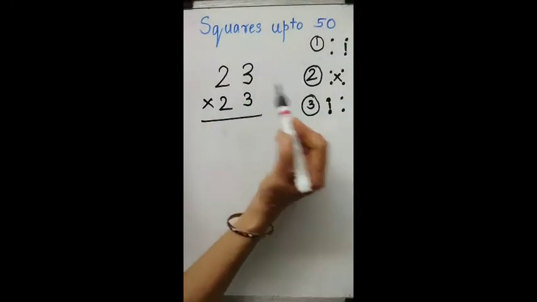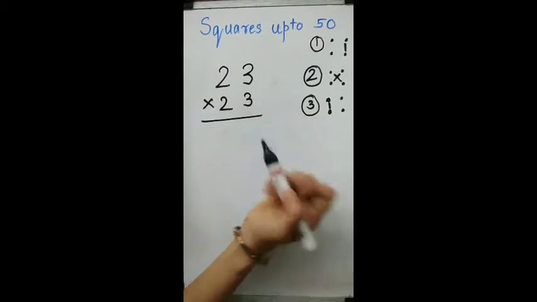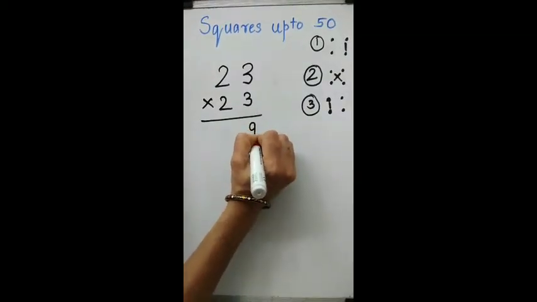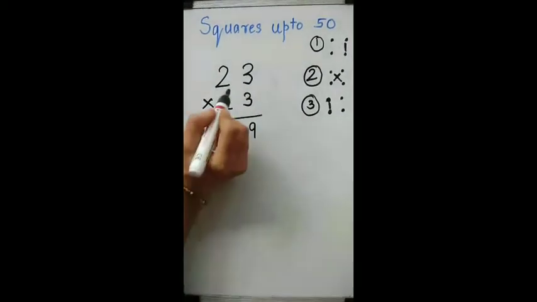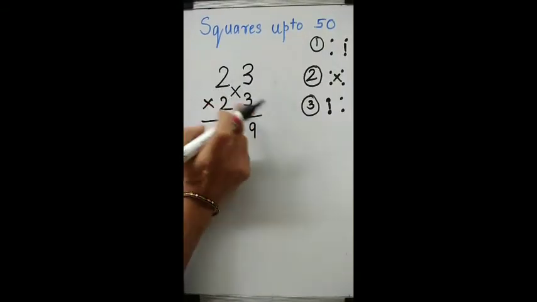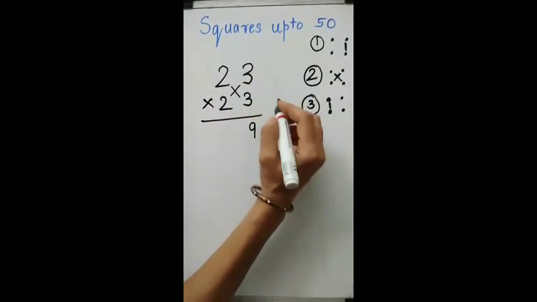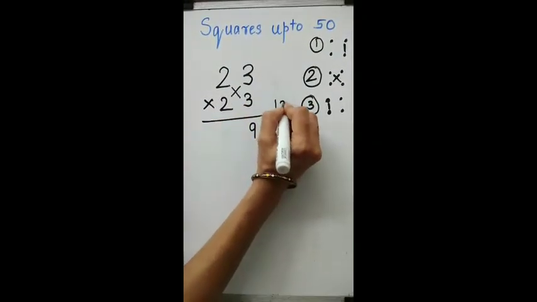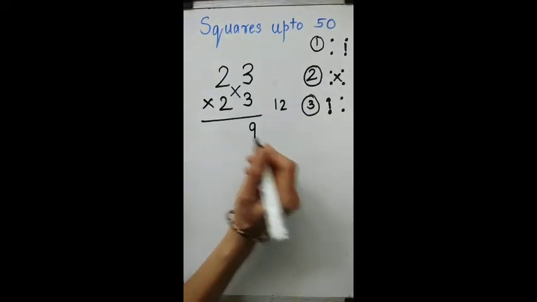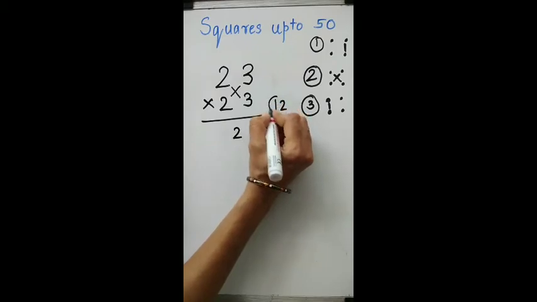Now first step is I have to multiply the number in the units place. So 3 threes will give me 9. Now I have to multiply them in crisscross manner. So 3 twos are 6, 3 twos are 6, 6 and 6 will give me 12. Right, children? So I will write 2 over here and 1 gets carried.